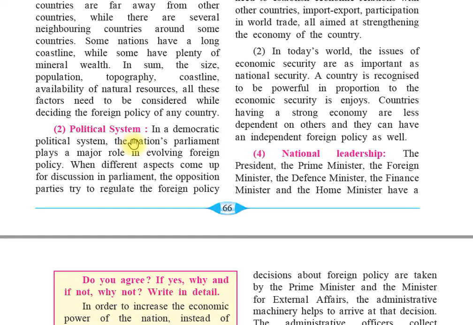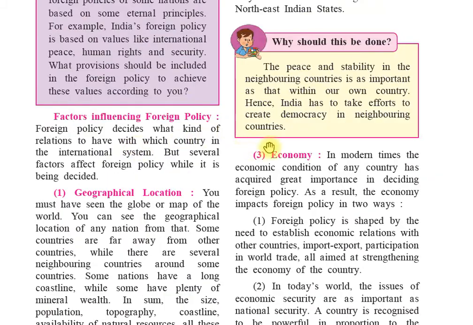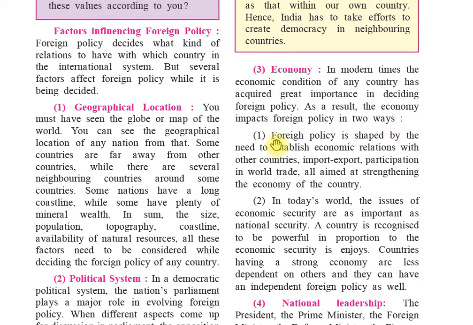In a democratic political system, the nation's parliament plays an important role in evolving the foreign policy. Then, number three, economy of the nation. The economic condition of a country has acquired great importance in deciding foreign policy at present.